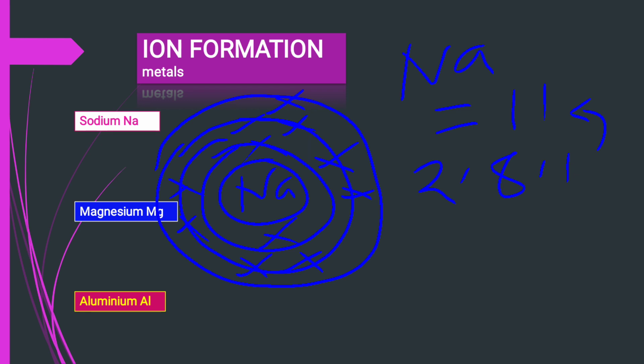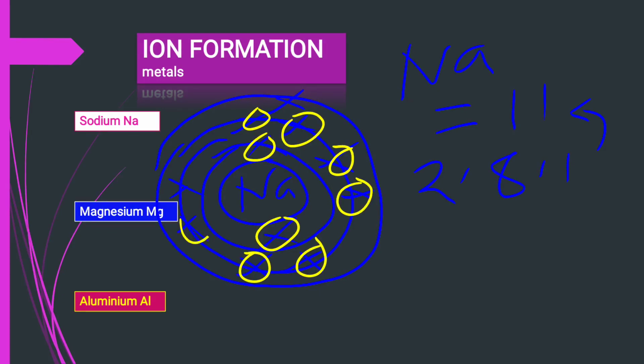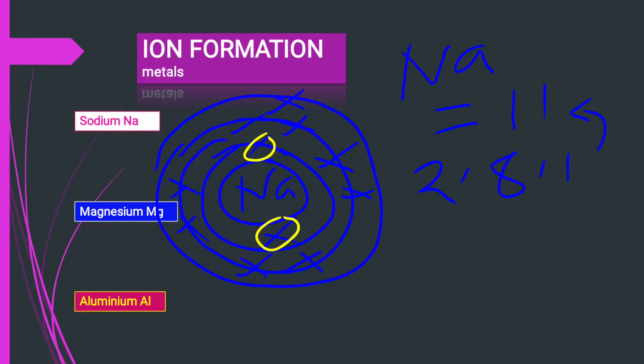And the same, if you add this first electron here, plus this electron, plus the others, you get 11. So that means that sodium has a total of 11 electrons and only 1 electron in the outermost energy level.